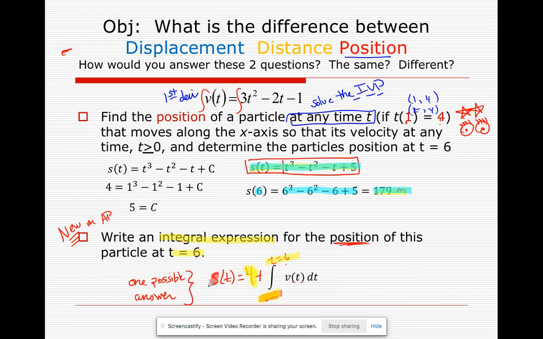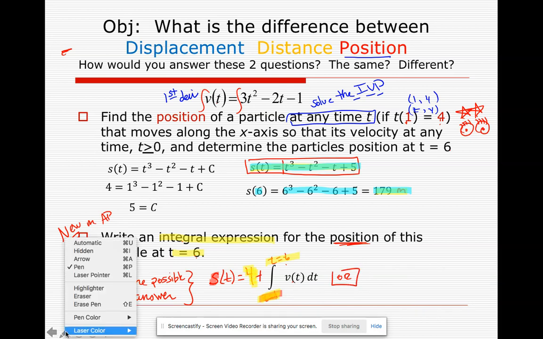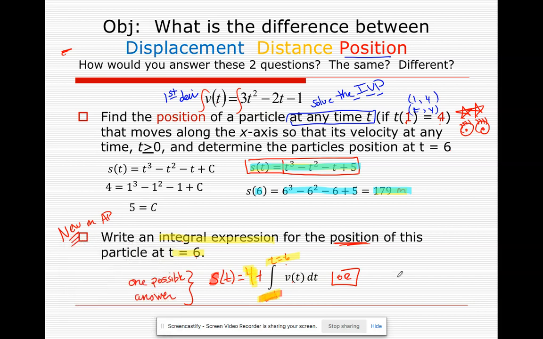This one was the most efficient answer for this because after all, especially since I went through this trouble up here, I could have done this: displacement from 0 to 6. But where did I start?